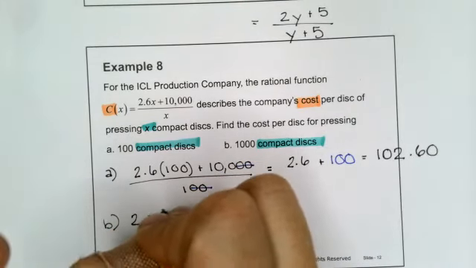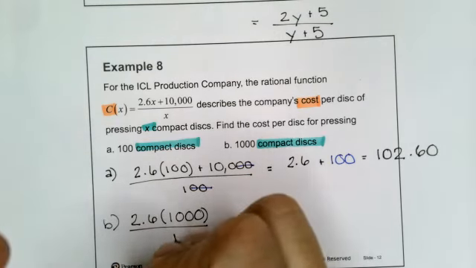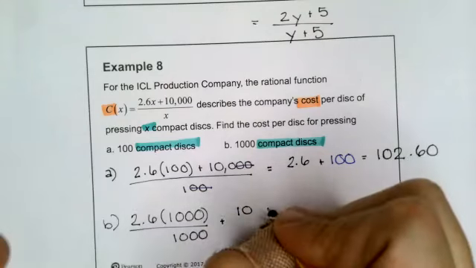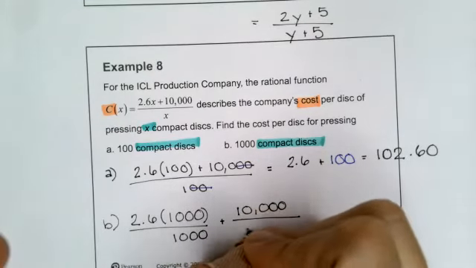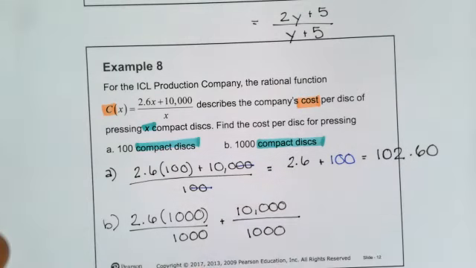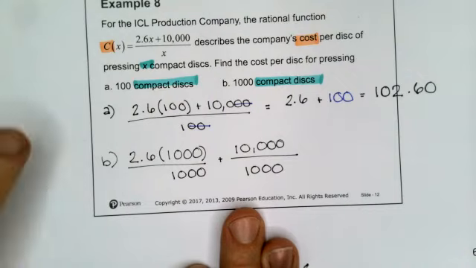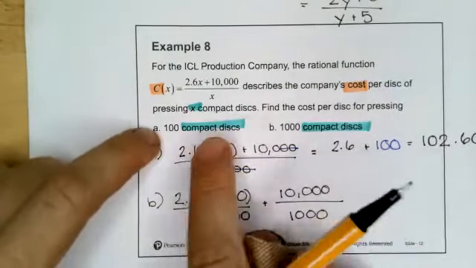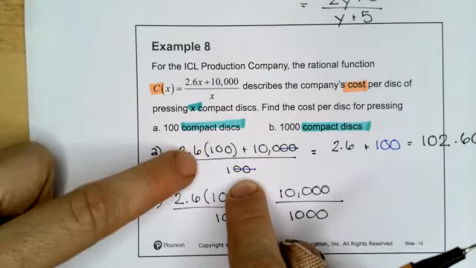What about if you had 1,000 compact discs? So you have 2.6 times 1,000 divided by 1,000 plus 10,000 divided by 1,000. So what you can always do, and what will definitely come up in 6.4, is if you have two terms on the top and one term on the bottom, you can split them up, right?